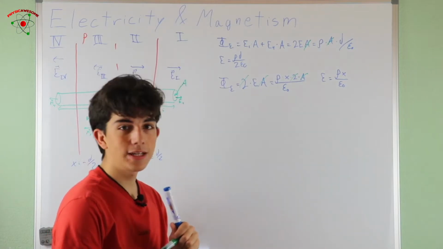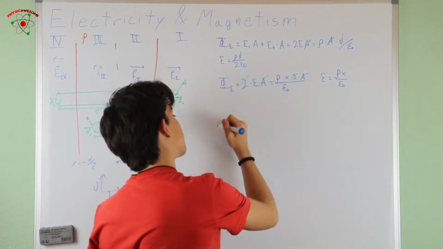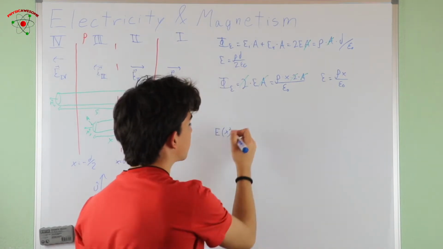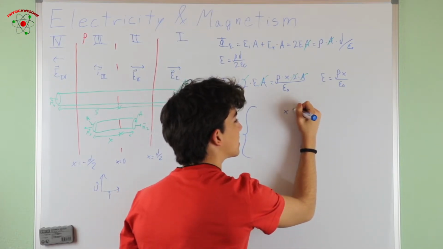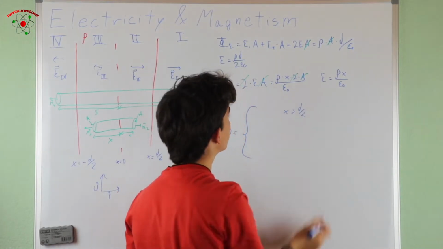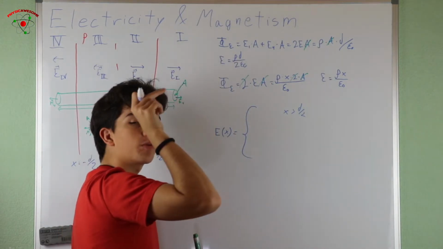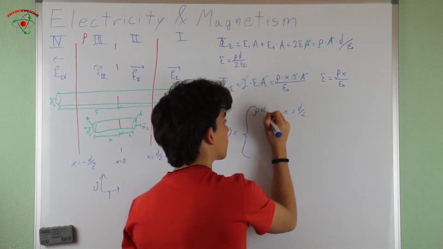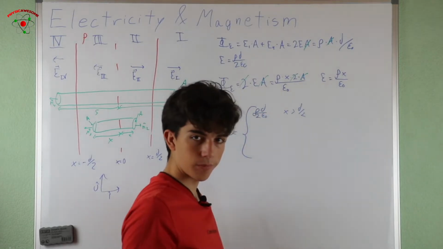Now let's write the total electric field. We see that E of x of this slab is going to be equal to, when x is bigger than d over 2, this electric field in region 1. So it's going to be pointing in the i hat direction, rho d over 2 epsilon naught.